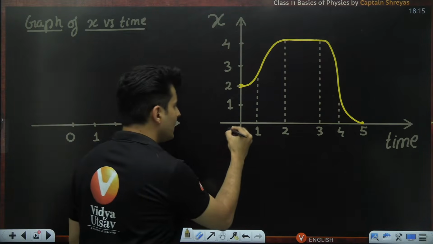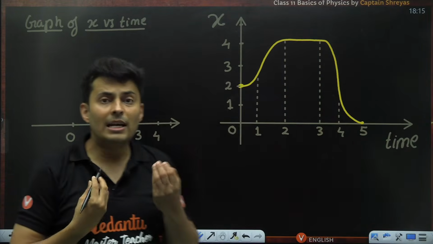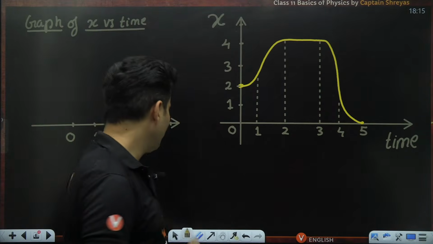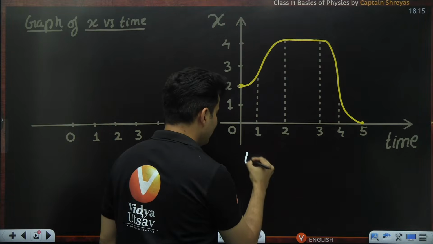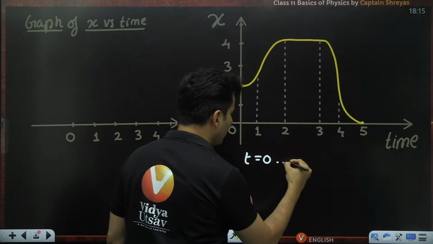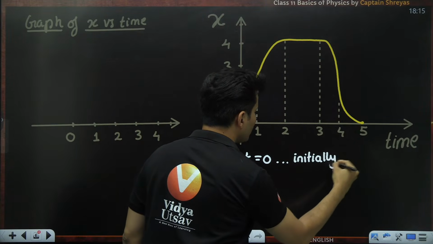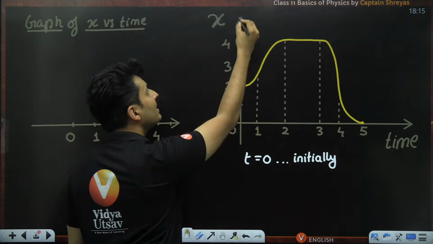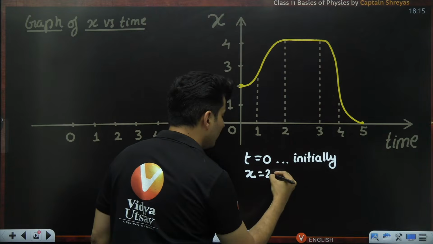As you can see, when the value of time was 0, what does that mean exactly? Initially. So this is also very important. A lot of people do not know this. When I say t is equal to 0, it means initially. So initially, what was the value of x? It was basically 2. So x was equal to 2.